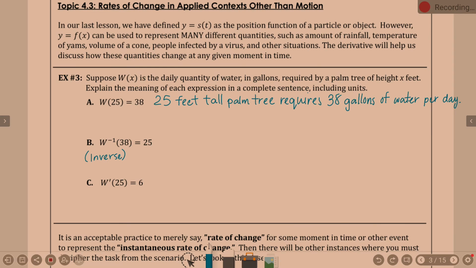I don't know, do you guys know how to say this one? It's the same thing in a way. Is it 38 gallons of water a day need to go inside a 25-foot palm tree? Doesn't need to go inside that palm tree. How about the 38 gallons of water determines how tall the tree is, so to speak. That's what he said.